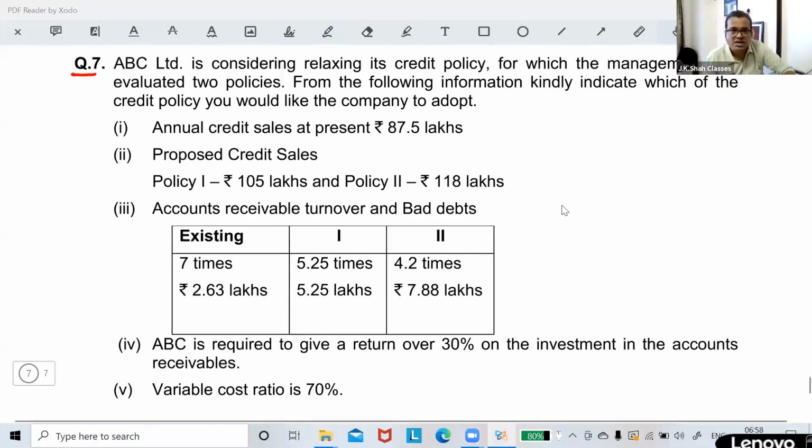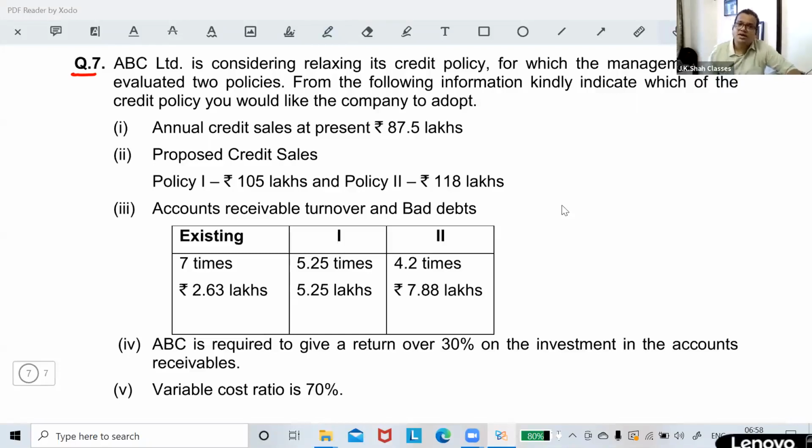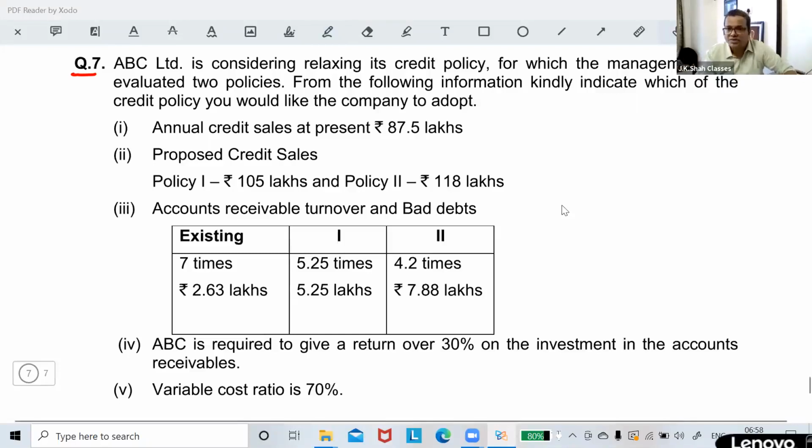ABC Limited is considering relaxing its credit policy, for which management has evaluated two policies. From the following information, kindly indicate which of the credit policies you would like the company to adopt. Annual credit sale: present value 87.5 lakh, proposed values 105 lakh and 118 lakh.